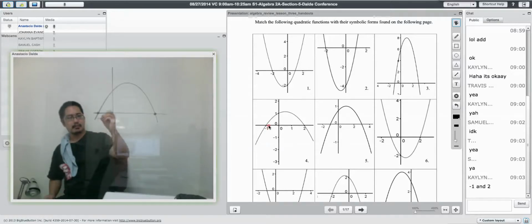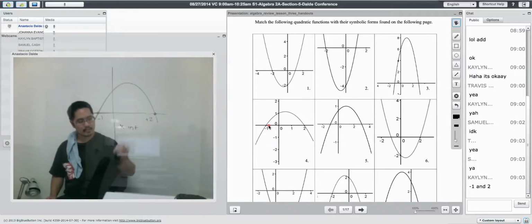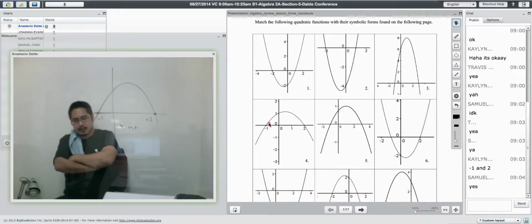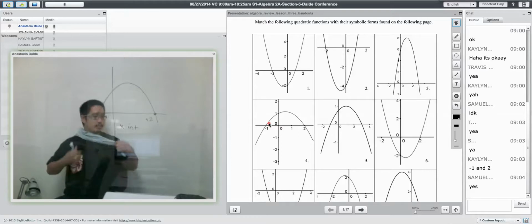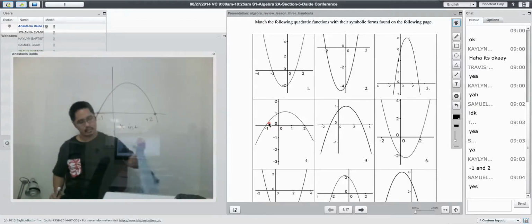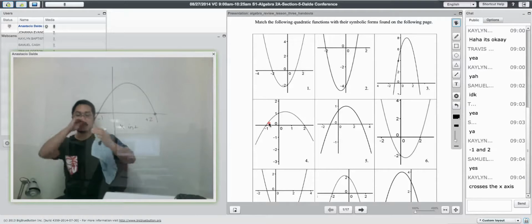Awesome. And these are the x-intercepts? How do I find an x-intercept? What does that mean? It's where the graph does what? It crosses the x-axis. Exactly.